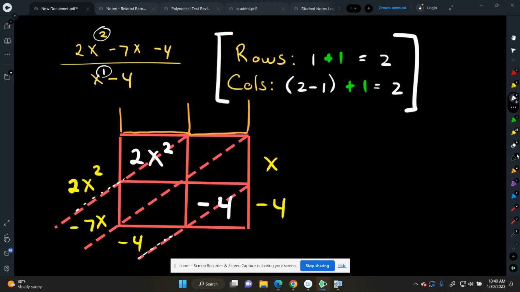On the right side. Good. Okay. Jacob, where's the 8x squared plus 10x minus 3 go? On the ends, on the diagonals, right. 8x squared plus 10x minus 3.